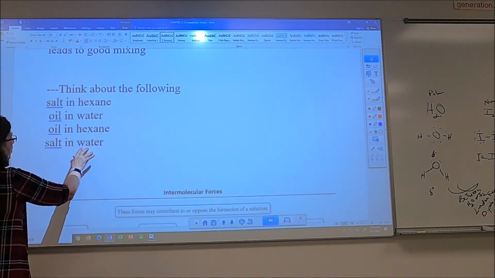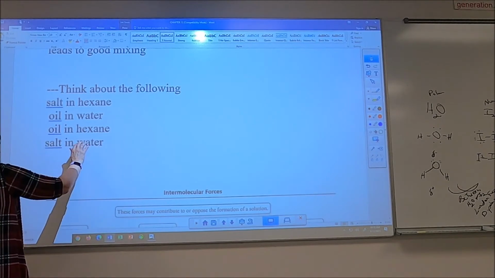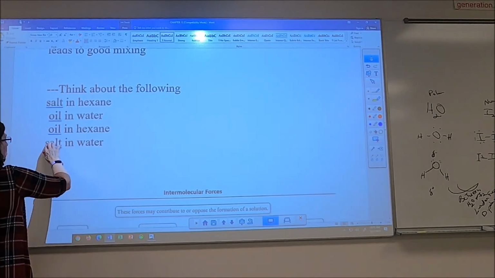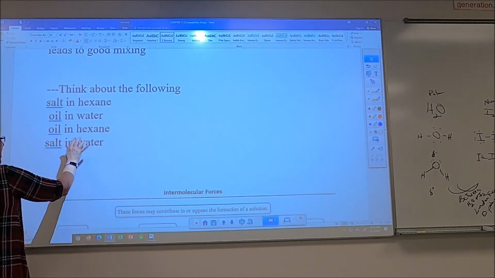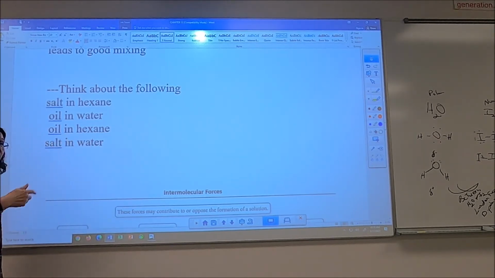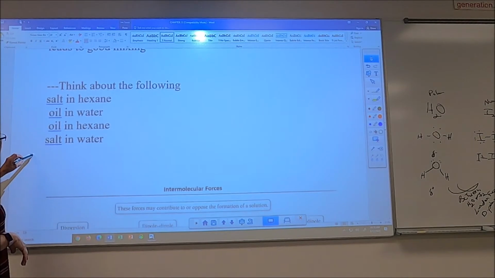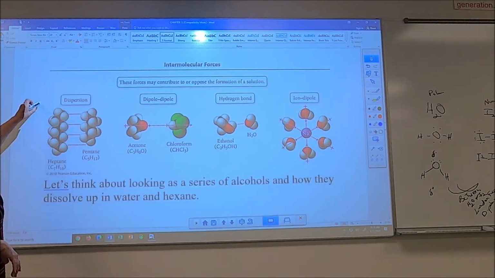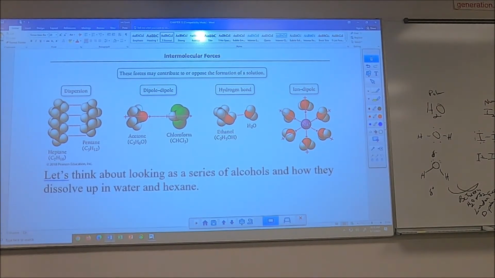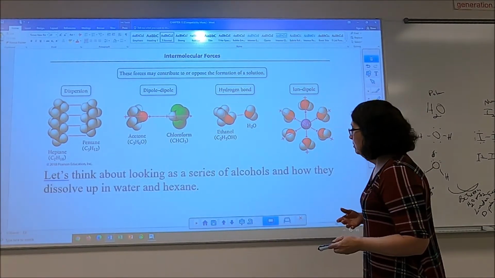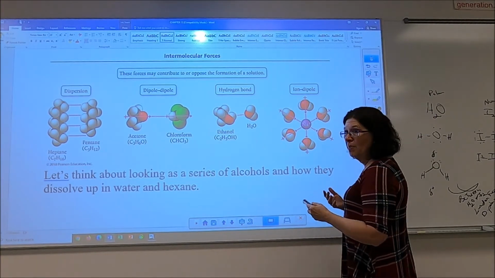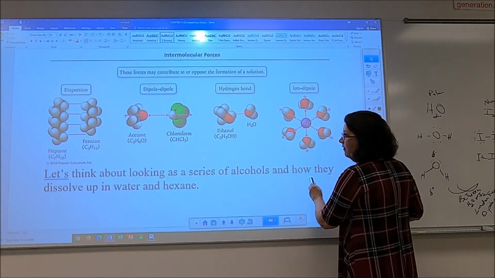Ionic and water: I have an ionic compound and polar water molecules, so I can generate an ion-dipole interaction. If this is table salt, sodium chloride, this is going to mix pretty well. So the biggies are dispersion, dipole-dipole, hydrogen bonding, and ion-dipole. Those are the ones you're going to see most often.